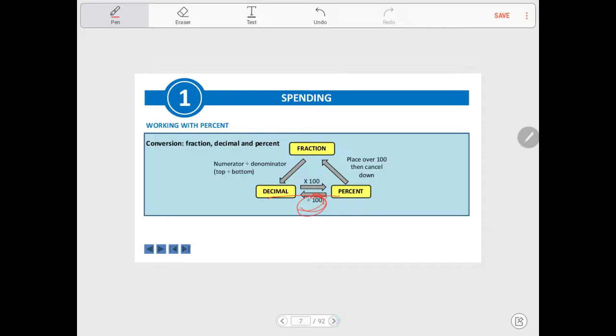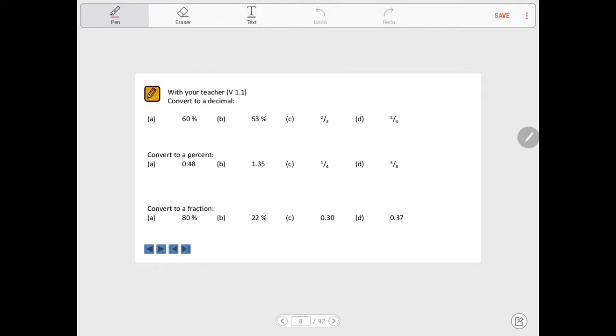Okay, so let's try that. So we take 60% and divide it by 100. Now you can do this on the calculator if you want to, and we find that we get 0.6, or 0.60 is okay too.